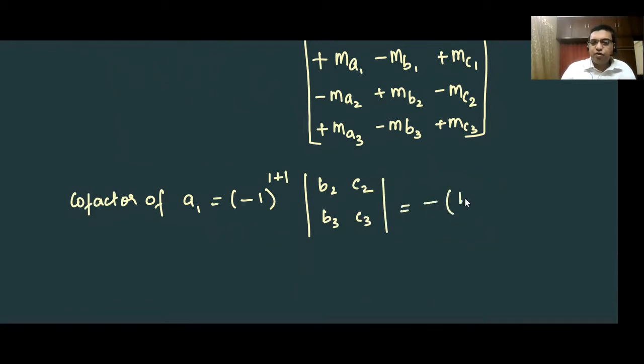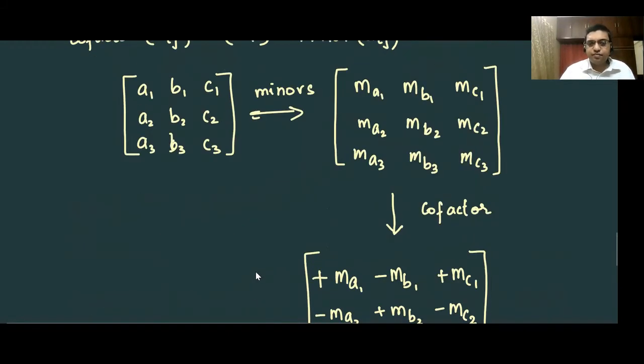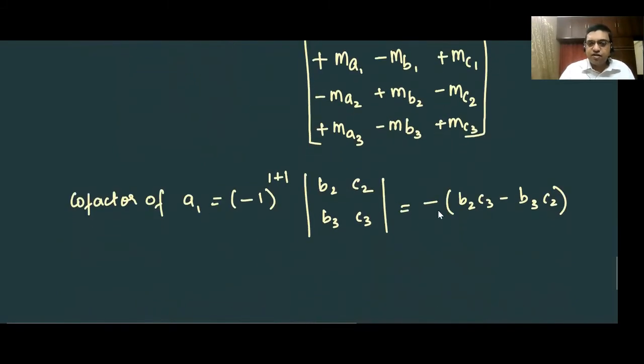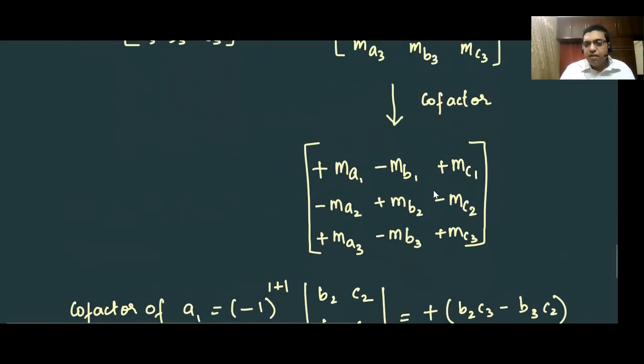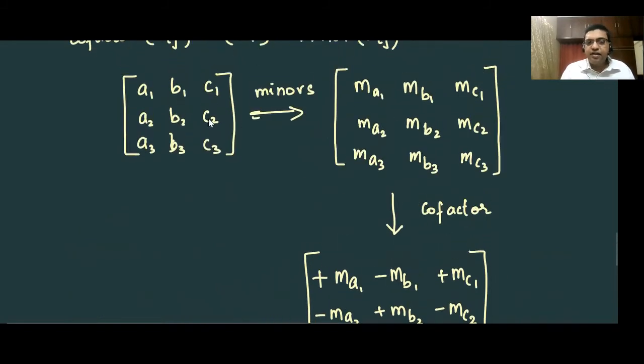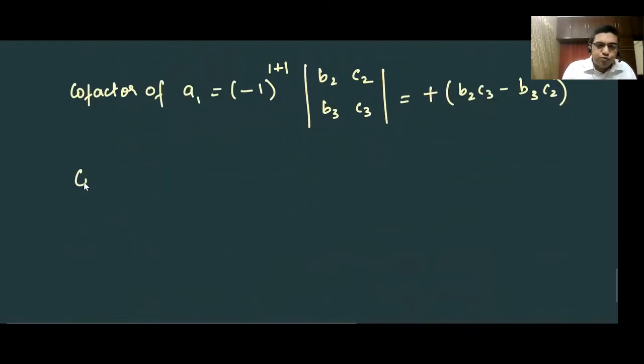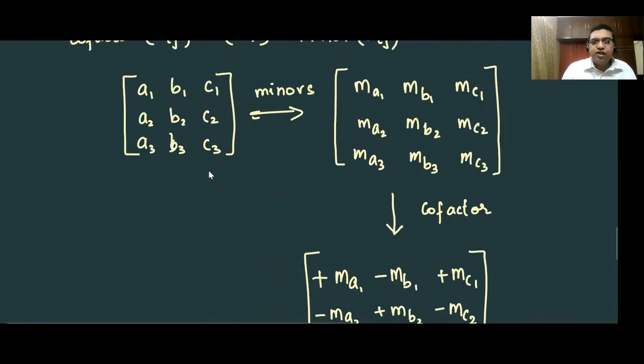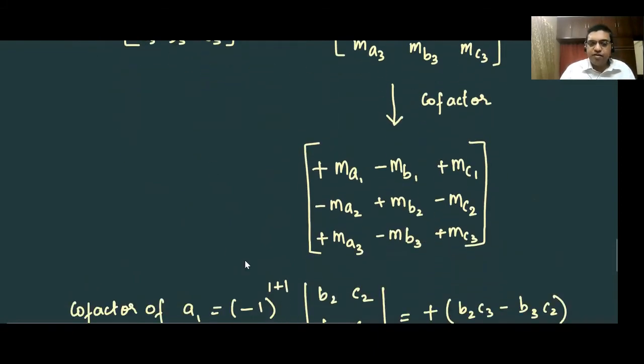So it is B2 C3 minus B3 C2, with a plus sign, I'm sorry. Let us take the cofactor of C2. C2 is the second row, third column element.